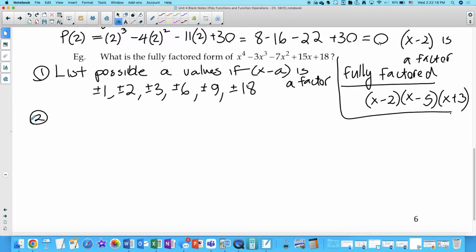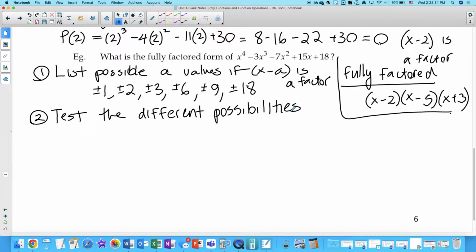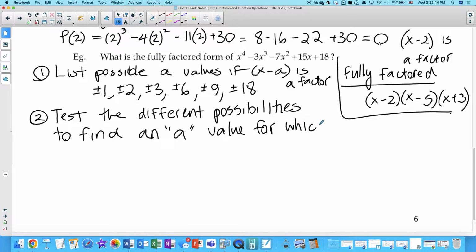So here we're going to test the different possibilities to find an A value for which P of A equals 0.